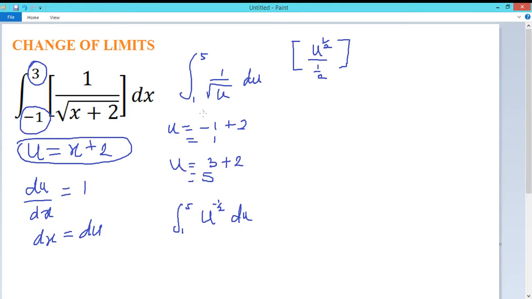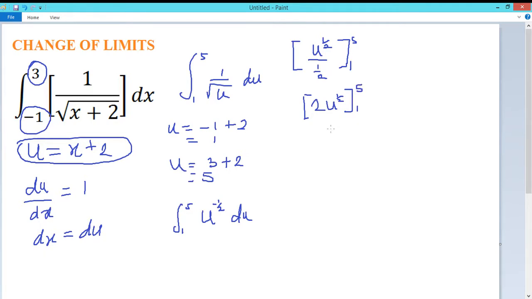Having integrated, I'll write my limits over here. Then I'll simplify the expression further. This becomes 2 u raised to the power half, or 2 square root of u, lower limit, upper limit.